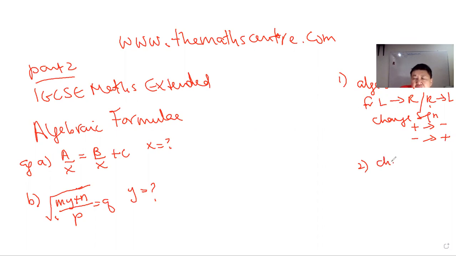If you shift a partial term, like AX equals BC plus D, I'm only shifting A over, then you must remember to change operation. The only 2 rules I tell my students to remember. When you change operation, multiplication becomes division, and division becomes multiplication.